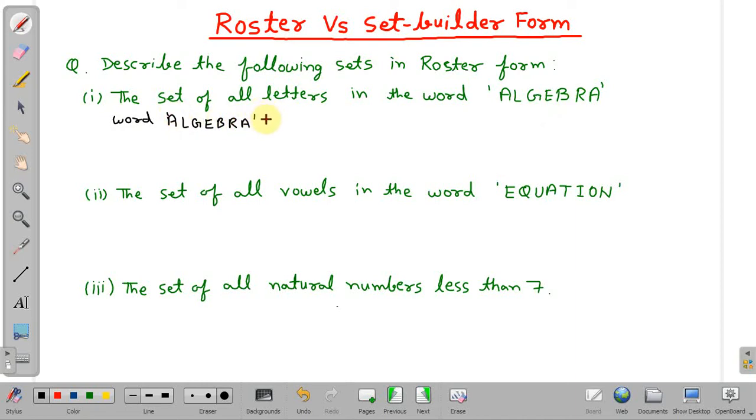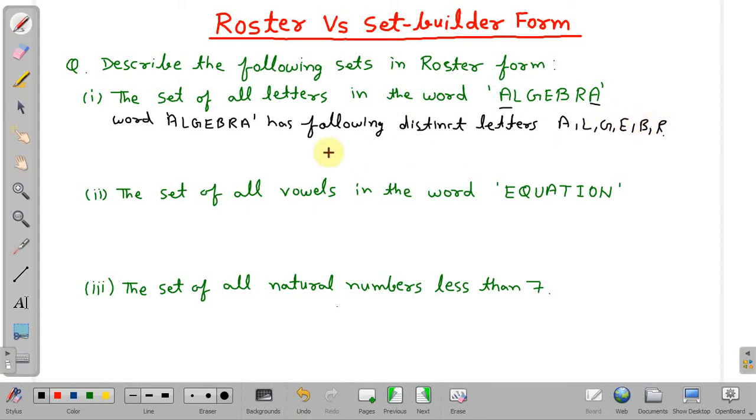If you see this, A is repeated twice, so we don't need to repeat the same element twice. We will write only distinct elements. The word algebra has the following distinct letters. And what are the letters? A, L, G, E, B, R.